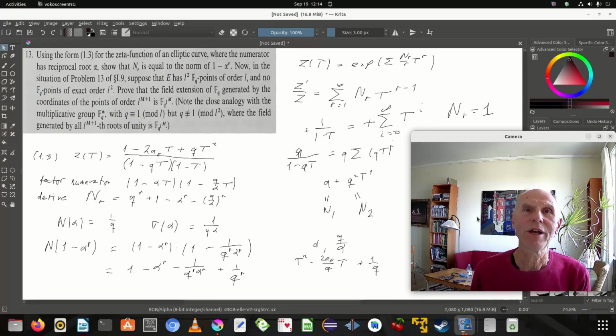Well, I got it. Alpha is the reciprocal root, so the norm of the reciprocal root is q.